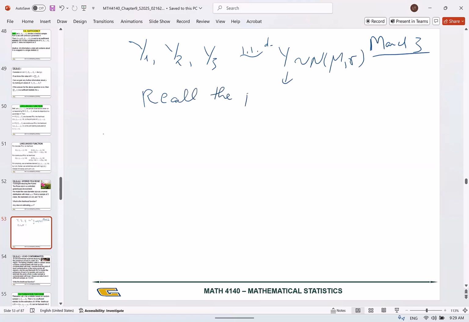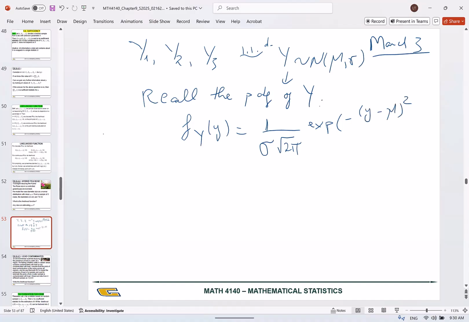If you recall the PDF, the probability density function of y, which follows normal, is f of y equal to, this is a common thing, exponential of negative y subtract mu squared over 2 sigma squared.